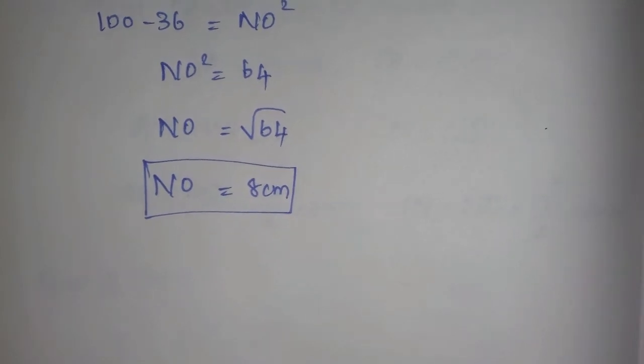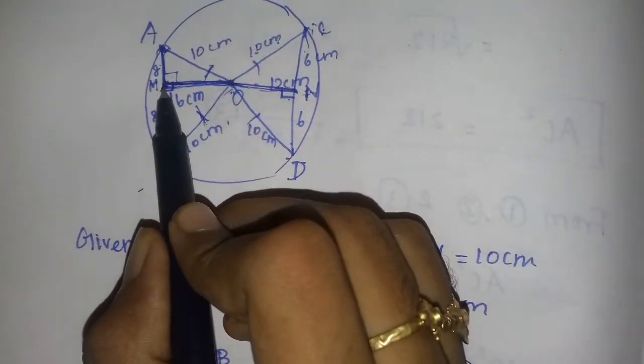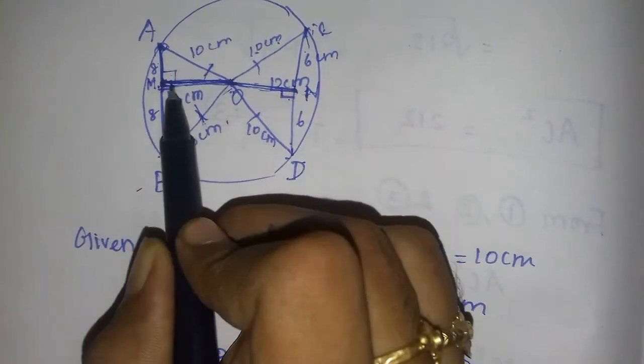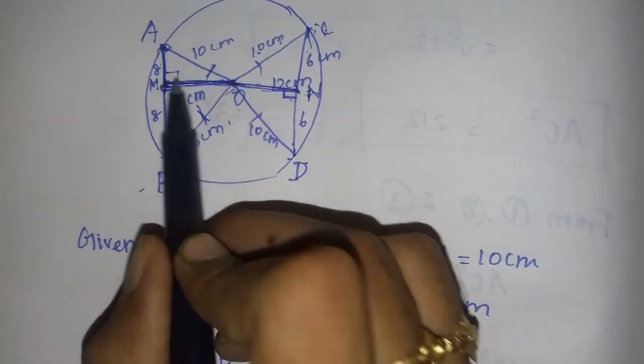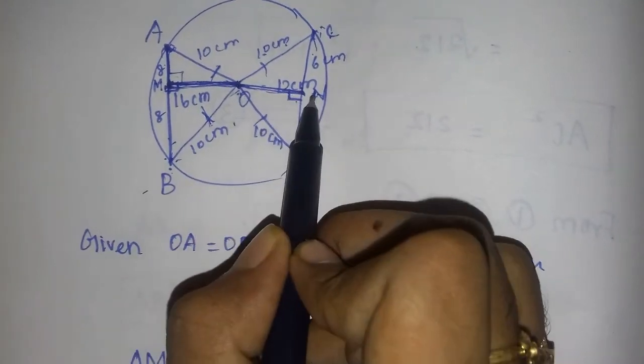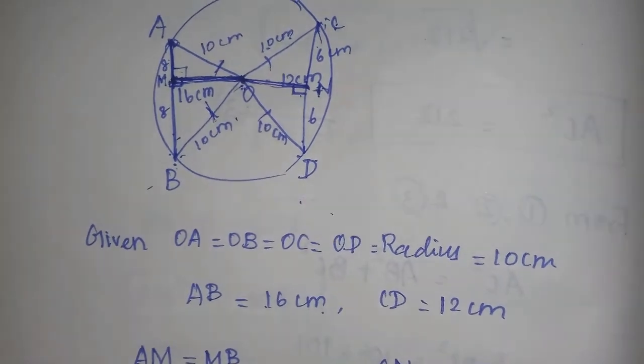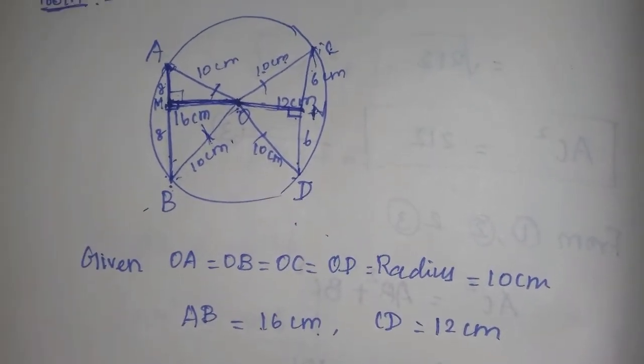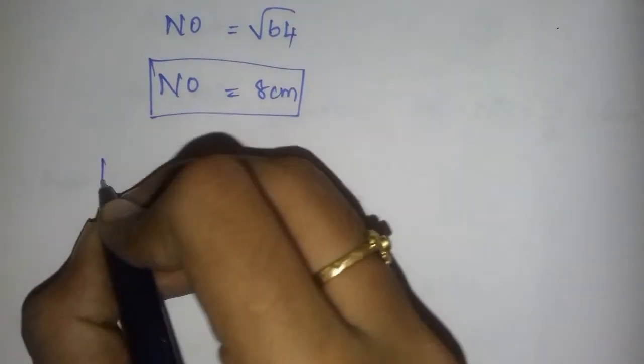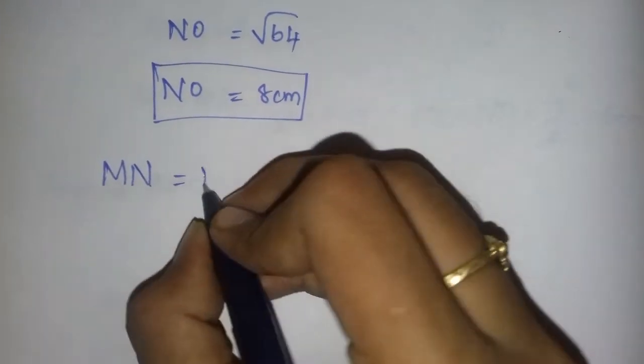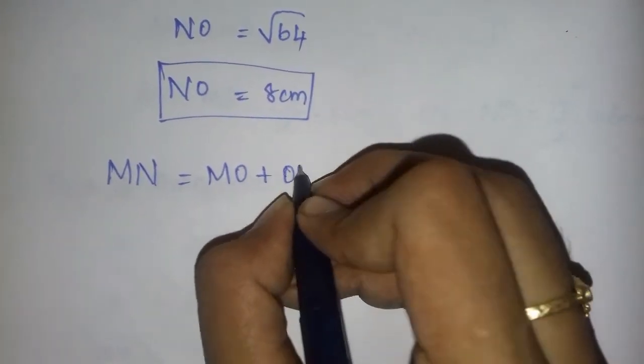What distance we need to find? We need to find the distance between M and N. So, MN we can write as MO plus ON. So, we can add both the terms and we will get the value of MN. MN is equal to MO plus ON.